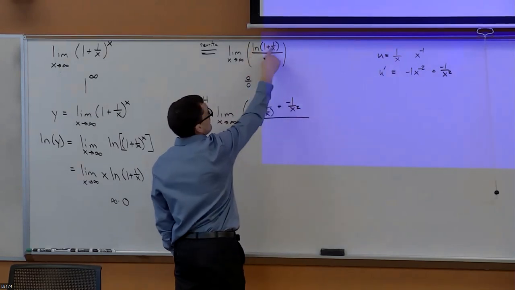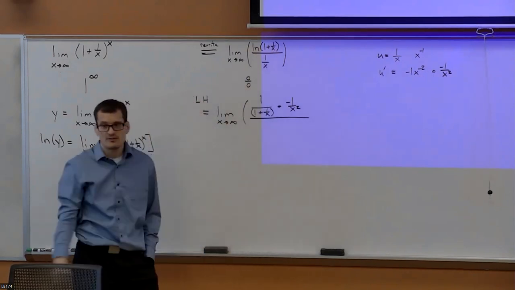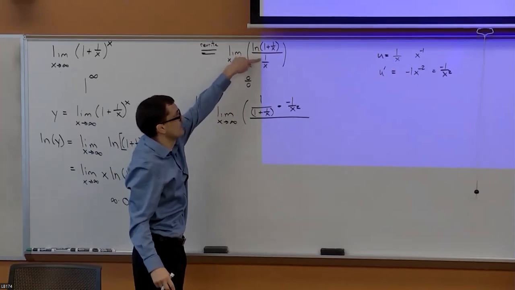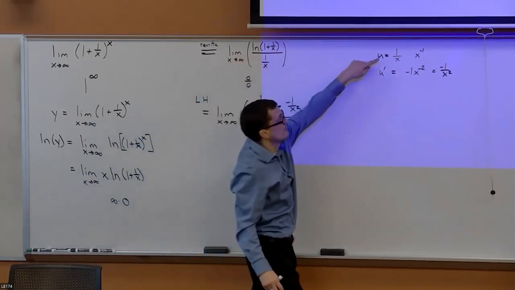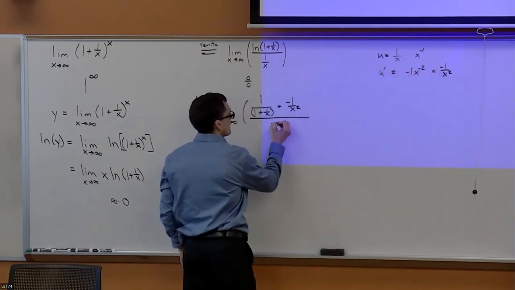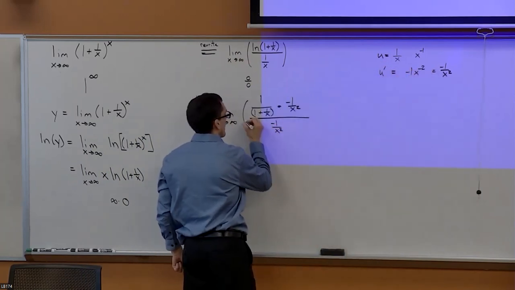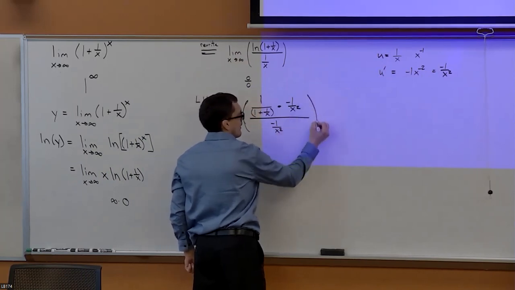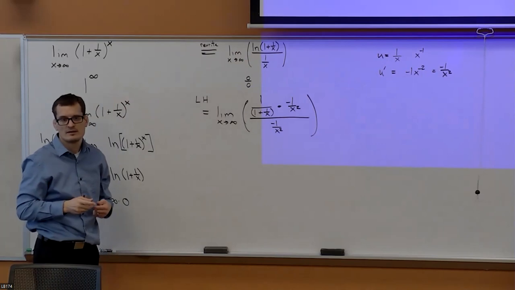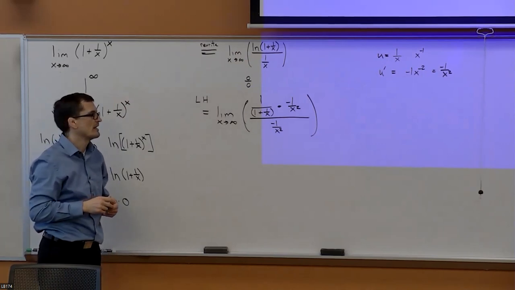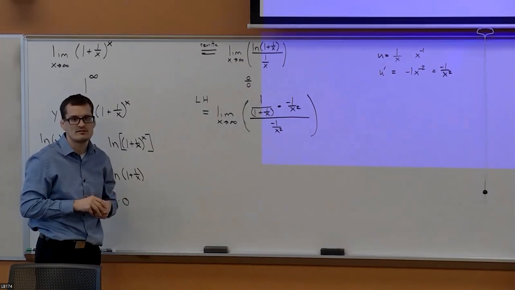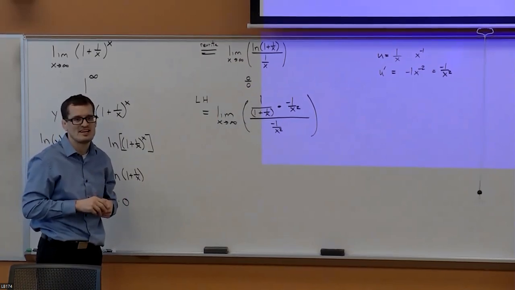So that all is the derivative of this top piece. Derivative of the bottom piece is derivative of 1 over x. Derivative of 1 over x is negative 1 over x squared. What's going to happen? Well, negative 1 over x squareds are going to cancel out. Is it going to be 1?